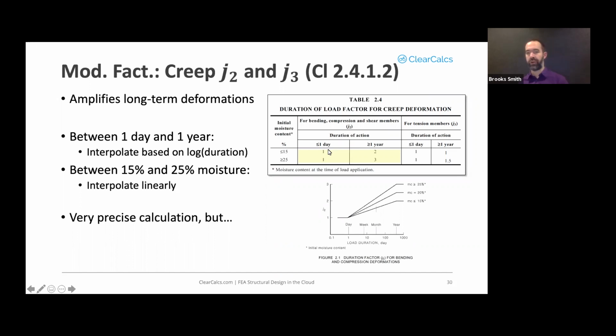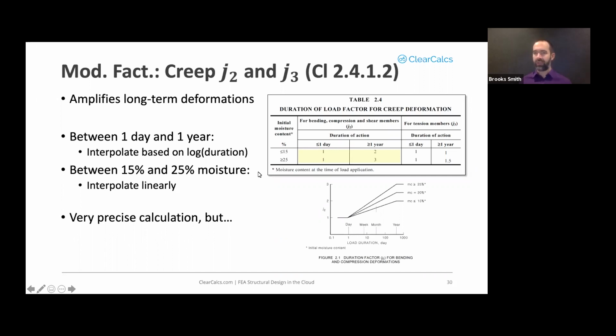You'll notice that this table only has 4 values, for 2 different moisture contents and 2 different durations of action. You are supposed to interpolate based upon the logarithm of duration for any duration that's between 1 day and 1 year, and you interpolate linearly for moisture content between 15 and 25%. Now, that's a bit of a pain of a calculation to make, but it is a very precise calculation.